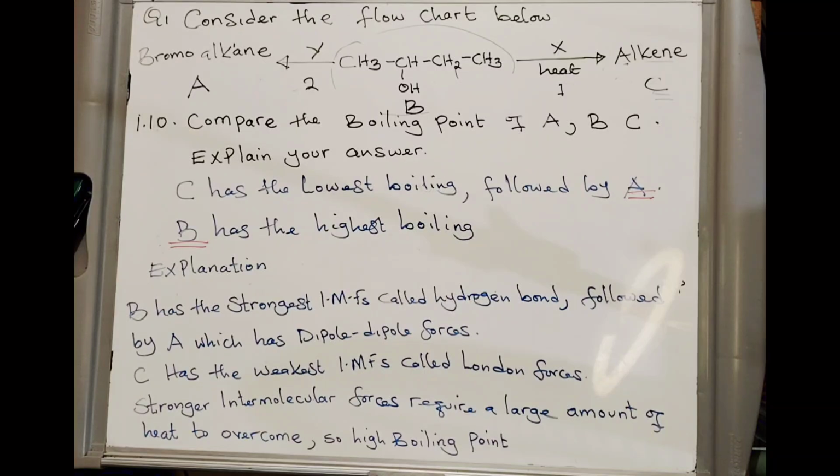C has the weakest intermolecular forces called London forces. And the conclusion says that stronger intermolecular forces require a large amount of heat to overcome, so resulting in high boiling point. Okay, let's look at the next question.